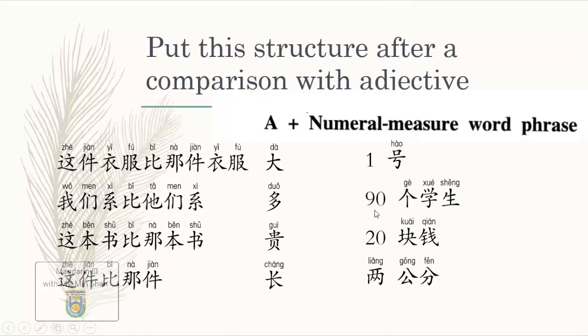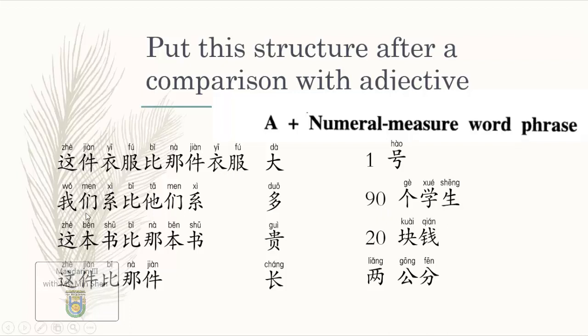Then it tells how much different. For example, 这件衣服比那件衣服大一号. This piece of clothes is bigger than that piece. How much bigger? 一号, one size. So this one is one size bigger than that one.